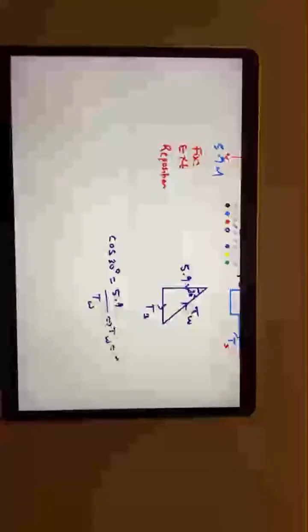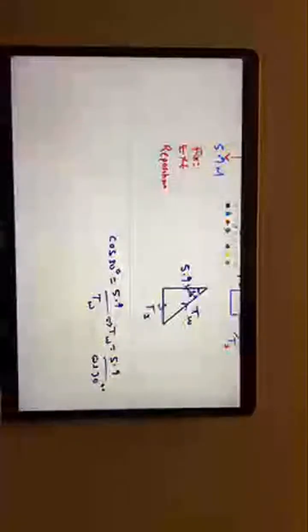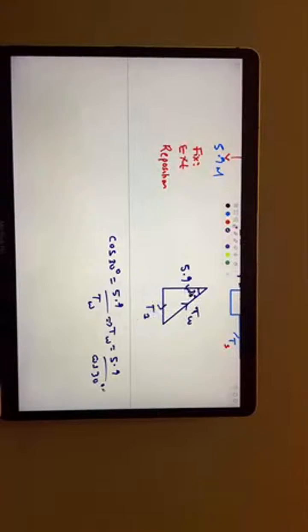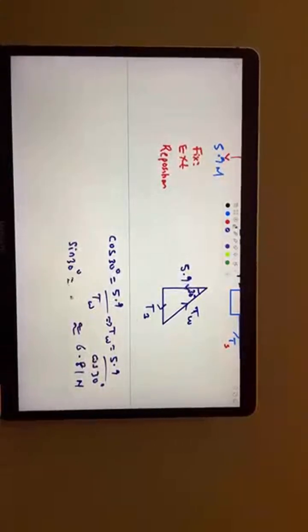That means TW will be 5.9 over cos 30 degrees. So that's 5.9 divided by cos 30, which is approximately 6.81 newtons. Then we can use sine 30 degrees, which will be T string over TW.